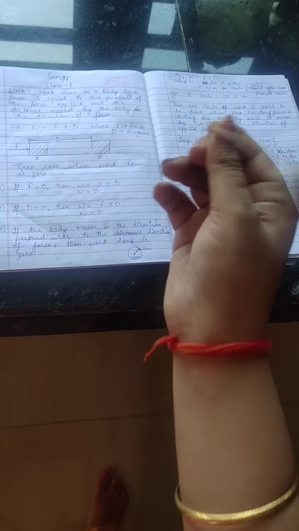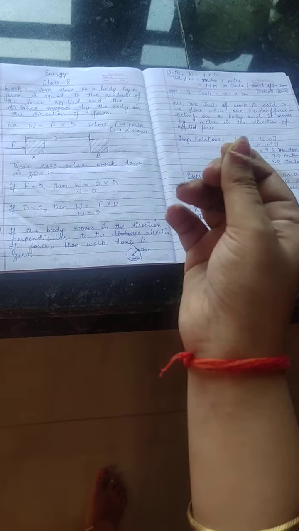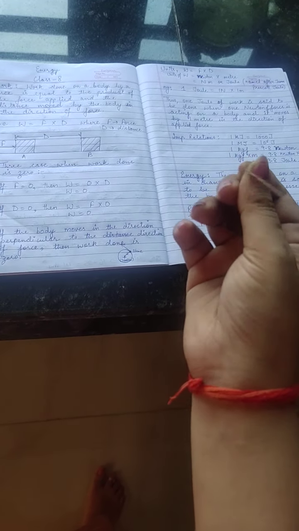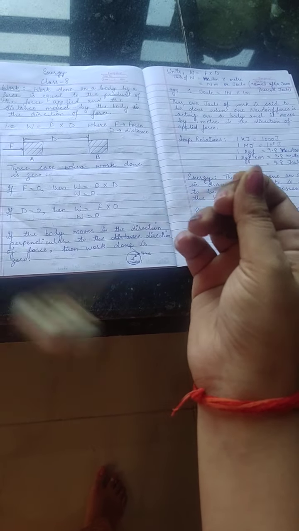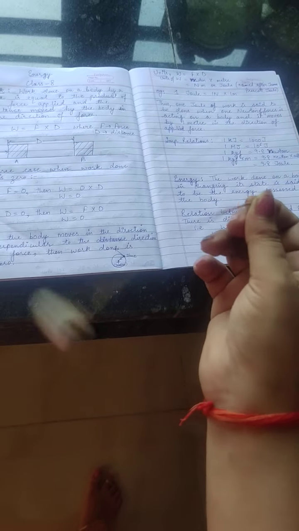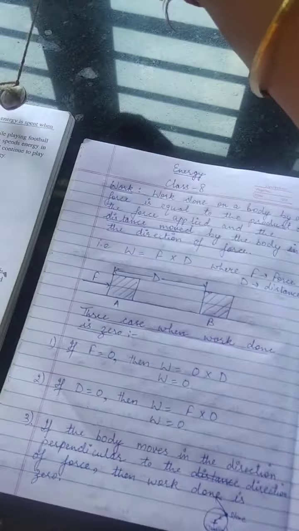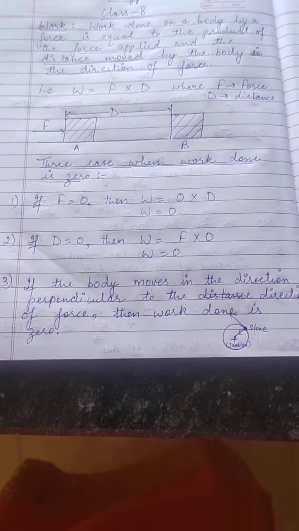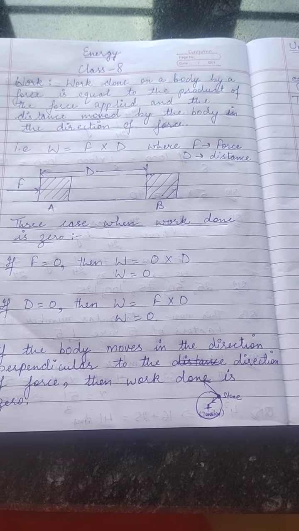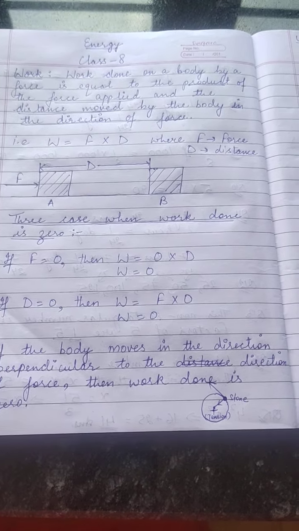So here you can see that my hand is the center point and the stone is moving around, and the force of tension on the string and the movement of this stone is perpendicular, so the work done is 0 here. So I hope it might be clear to you. And for D equals to 0, when you are applying force on a wall, the wall will not move, but you are applying some force, distance moved is 0, so the work done is also 0.